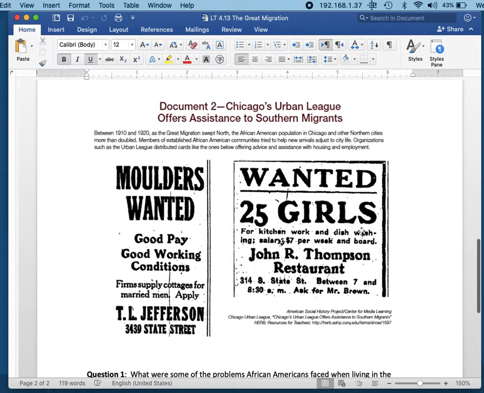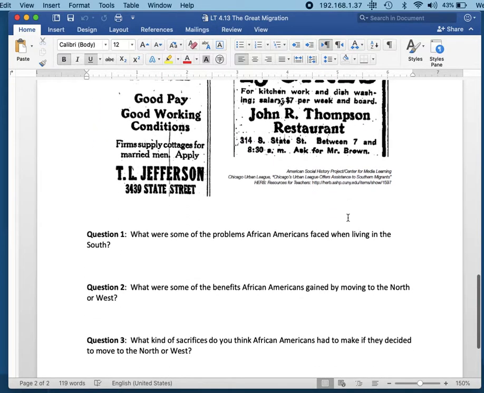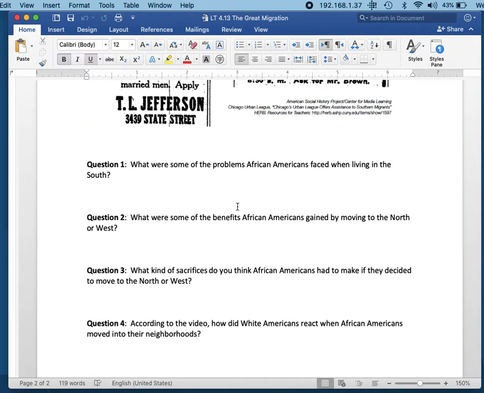So once you analyze these two documents, you have 4 questions to answer based on everything that I've given you: the PowerPoint slides, the video that you're going to watch about the Great Migration, and also these 2 documents. Go ahead and answer the 4 questions. You can write your answers on the document itself, save it, and then upload it into Google Classroom.